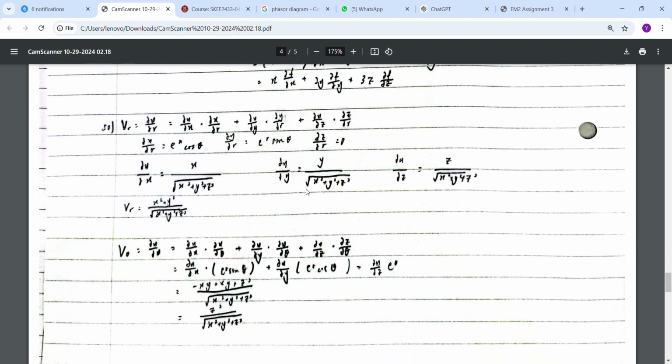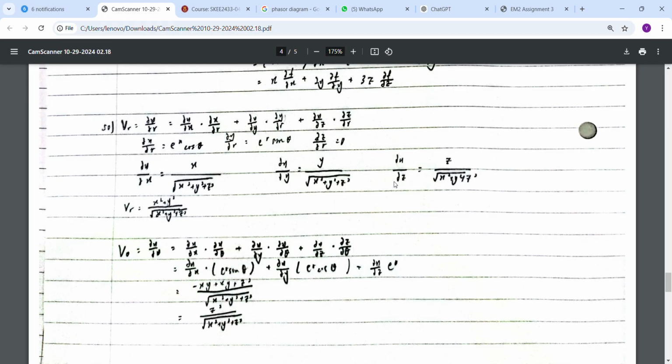So for question 15, we are required to find VR, which is delta V over delta R. So it will become delta V over delta X multiplied by delta X over delta R, plus delta V per delta Y multiplied by delta Y per delta R, plus delta V per delta Z multiplied by delta Z per delta R. From the question we can already get the derivatives of delta x over delta r, delta y over delta r, and also delta u over delta x, delta u over delta y.